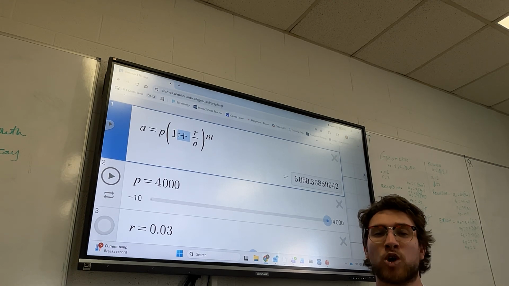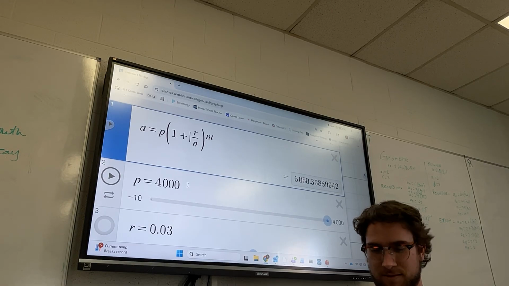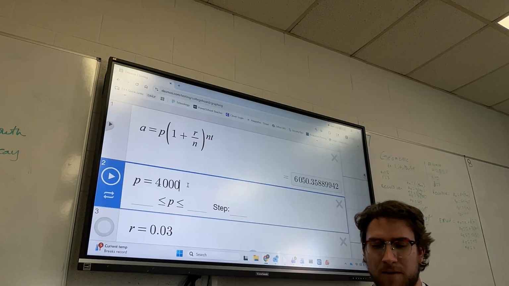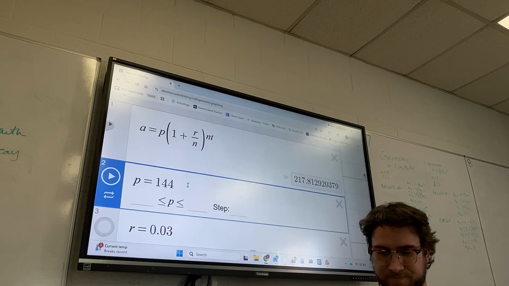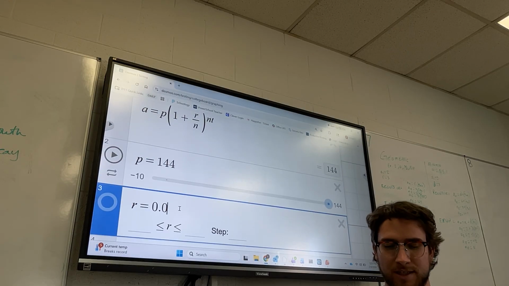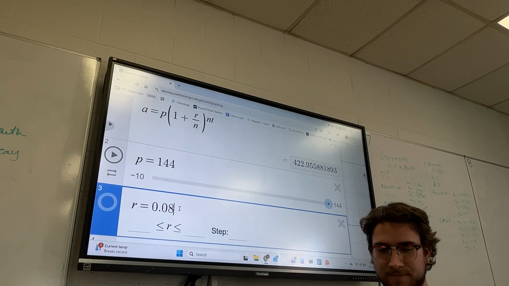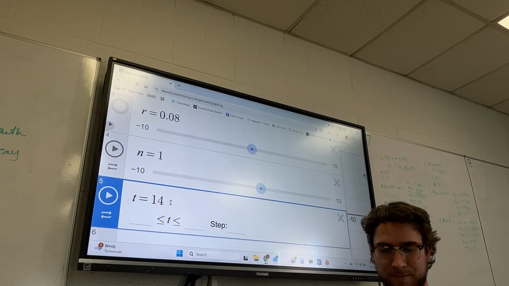If it said decreasing, we would change that to a minus sign, but it is adding. The initial population is listed at 144. It is increasing by 8%. We're going to change that 3 to an 8. We're going to change our time.